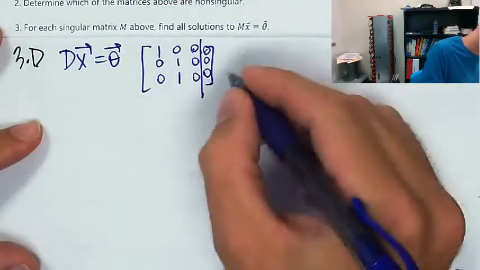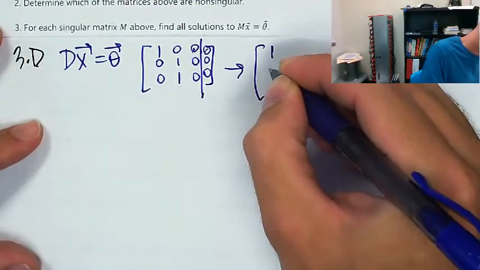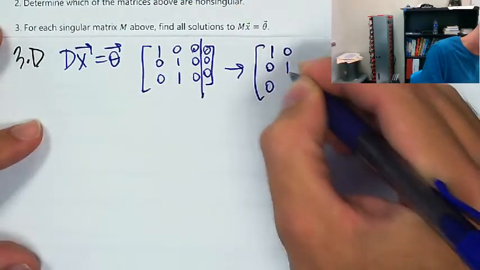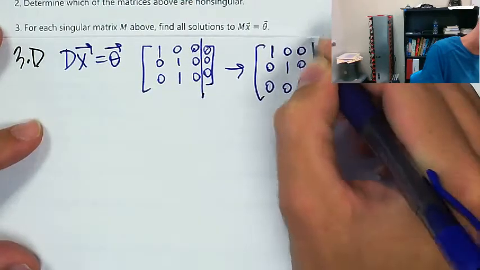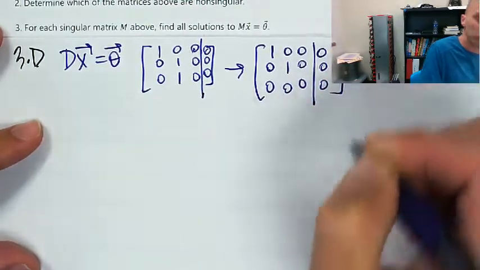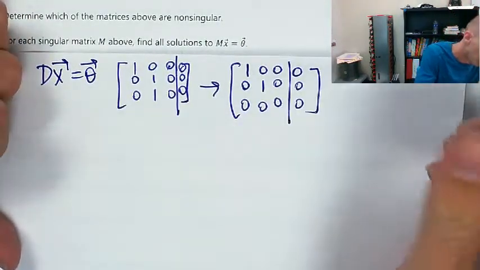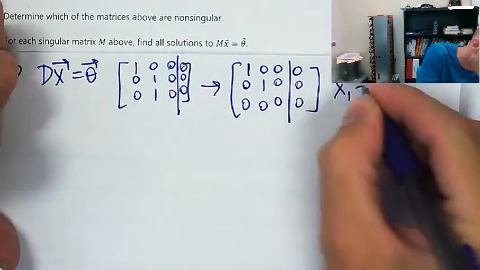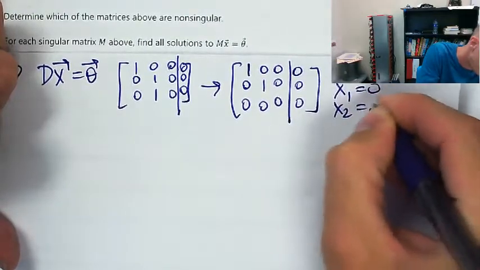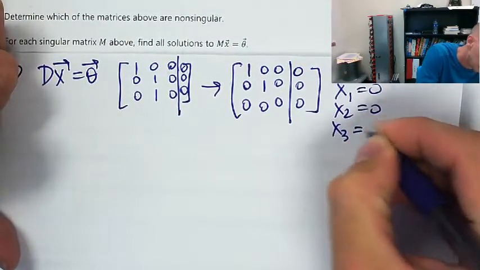But that shouldn't be too hard because now I've got 1, 0, 0, 0, 1, 0, all zeros here, augmented with the 0 vector. Okay, and if I interpret my solution now, I'm going to say x1 equals 0 and x2 equals 0.